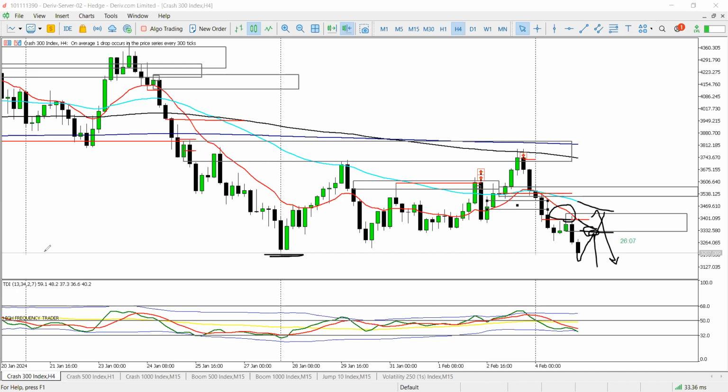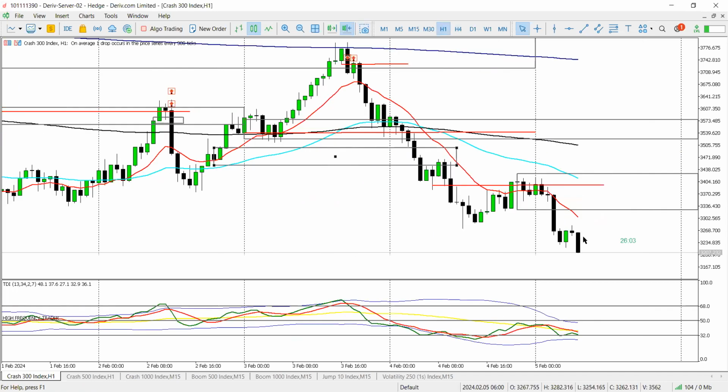Dropping down to H1, more or less the same thing. So if you notice, that supply zone from H4, when we come to H1, is this zone here. And we also have the 50 EMA coming. We got a 13/50 cross. We didn't get a 50 retest, so we get a 50 retest anyway in here.